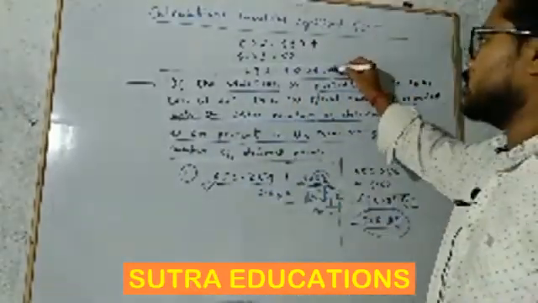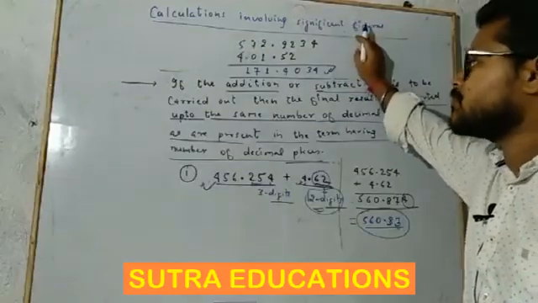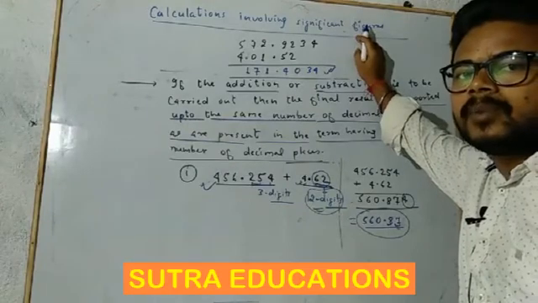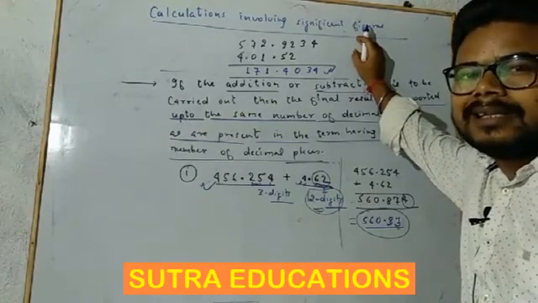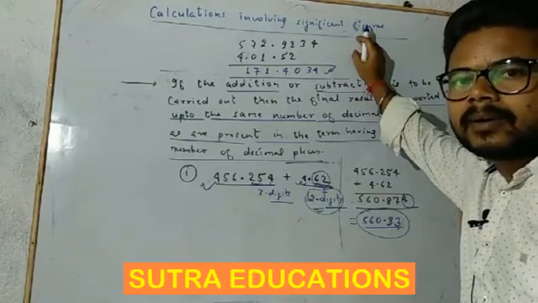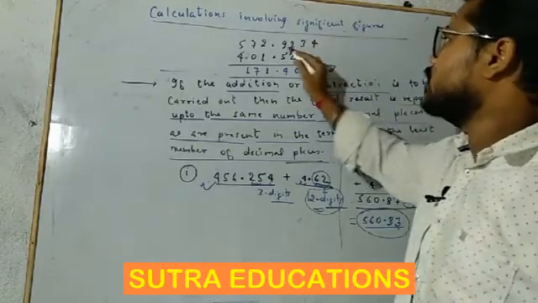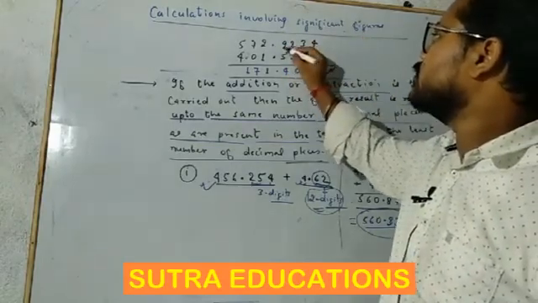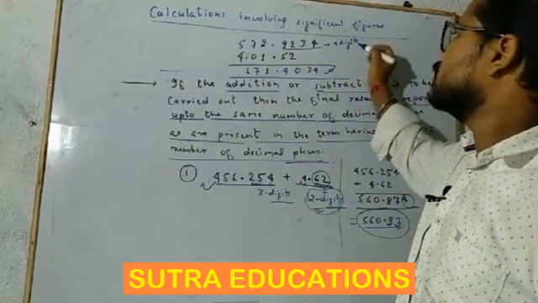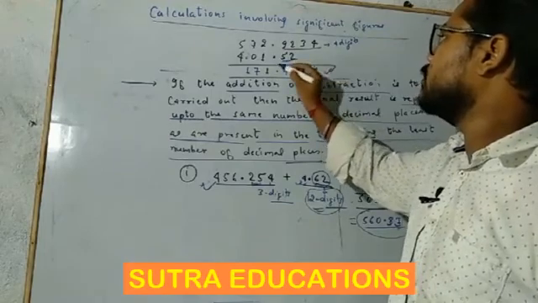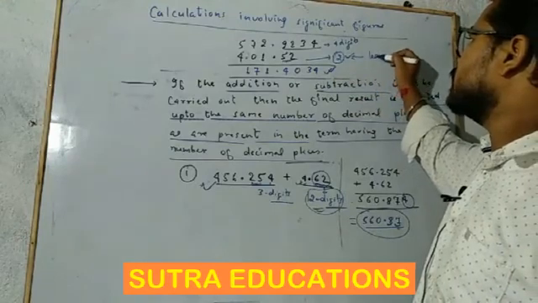After subtraction, this is the result, but we have to report it according to the term having the least number of decimal places. In this term after the decimal four digits are present, and in this term only two digits are present. So this has the least decimal places.